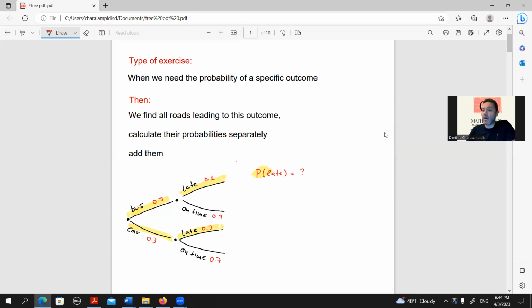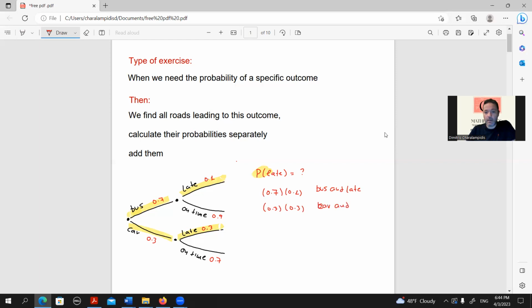Now we need to calculate separately the probability of each road. The probability of bus and late is equal to 0.7 times 0.1. And the probability of car and late is 0.3 times 0.3.